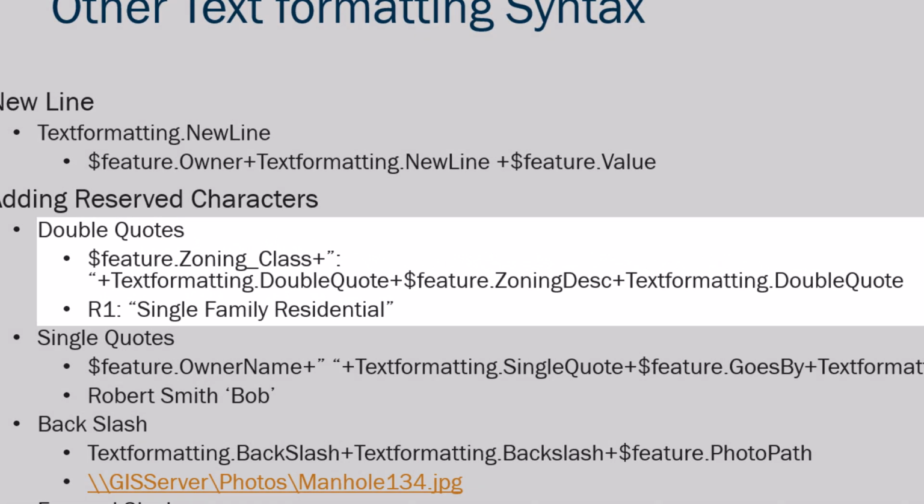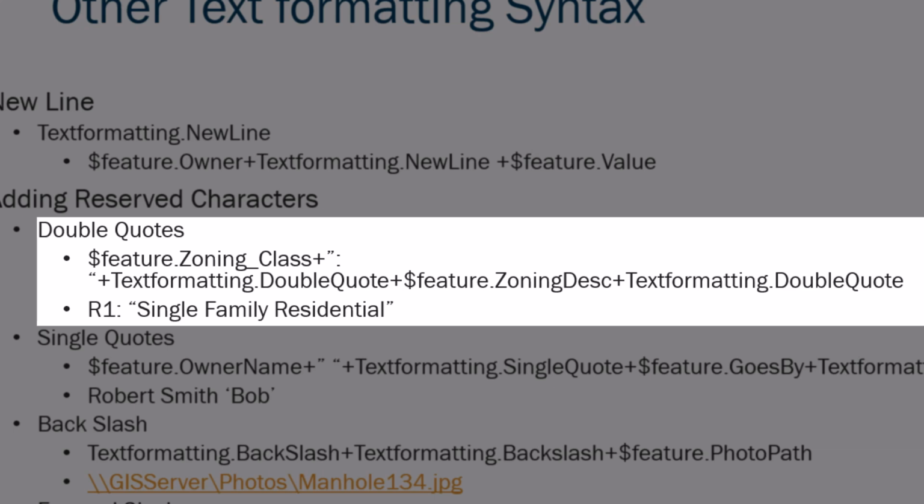For example, if you want to include double quotes within the return text string, you're going to have to use the text formatting .double quotes. So you can see that example here, where I'm trying to put what R1, the zoning classification R1, equals, right?